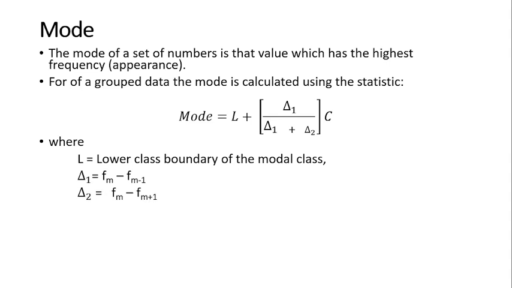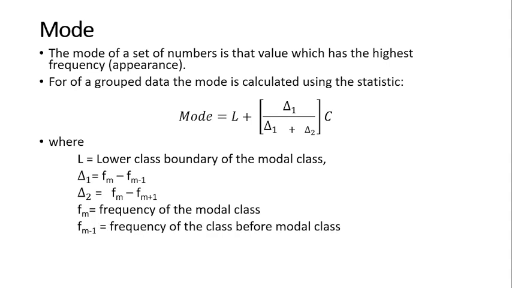And delta 2 is the frequency of the modal class minus the frequency of the class after the modal class. Then Fm is the frequency of the modal class.